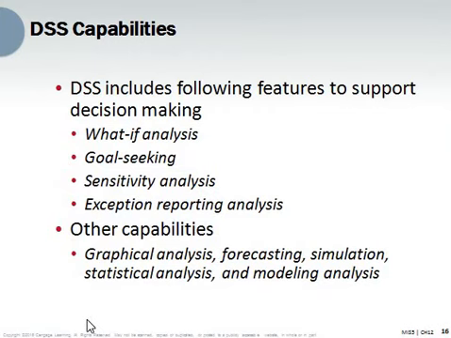Other capabilities are graphical analysis, presenting the graphs and analyzing the graphs, forecasting for different purposes, and simulations. We can simulate a problem. What will be the answers? What will be the different scenarios before entering some data?